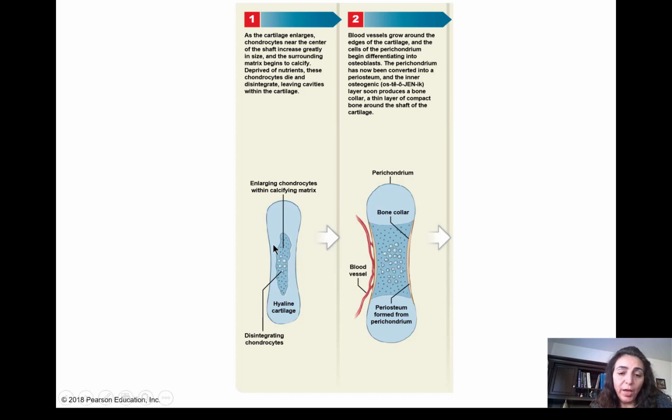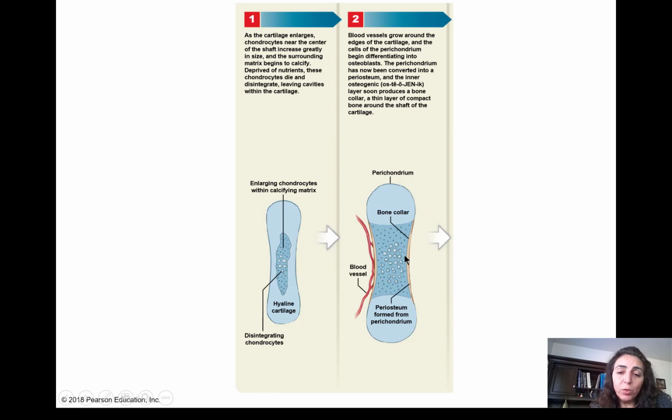As you see, at the beginning you have a cartilage. It's completely hyaline cartilage, but in the shape of a long bone. Then in the center these changes happen: chondrocytes disintegrate, and blood vessels come into those new tissues, and the changes start from these centers.